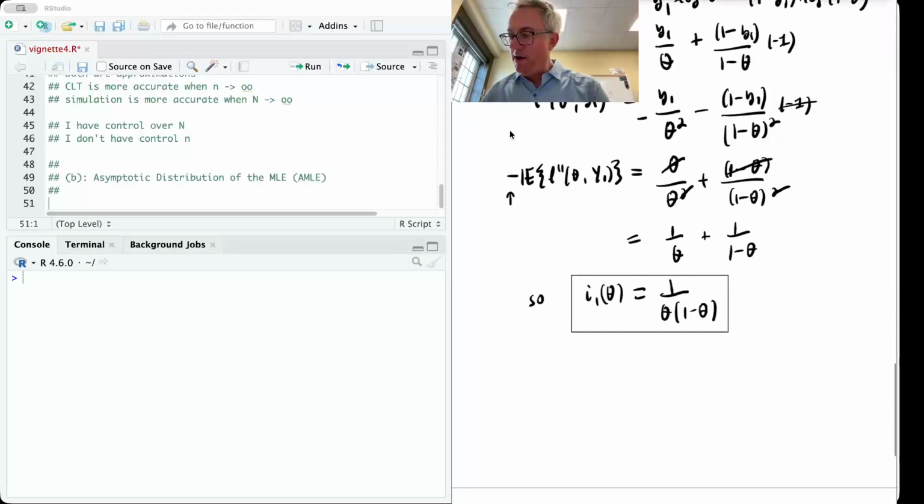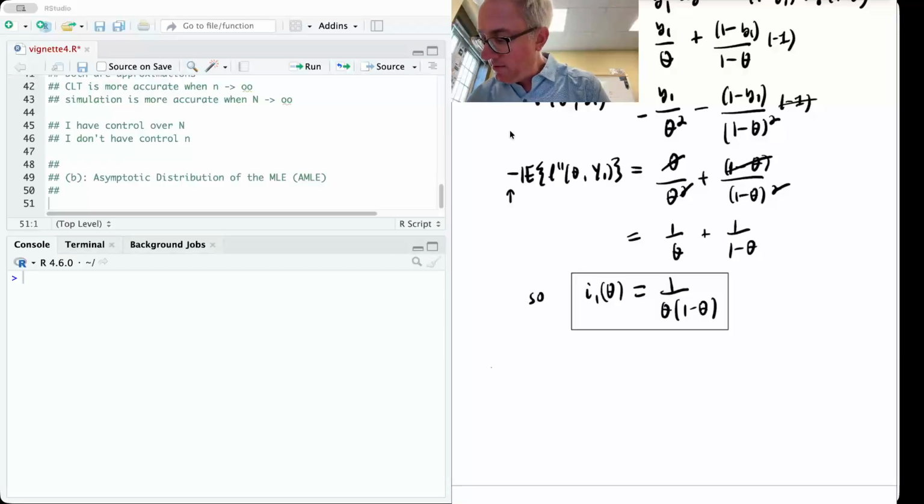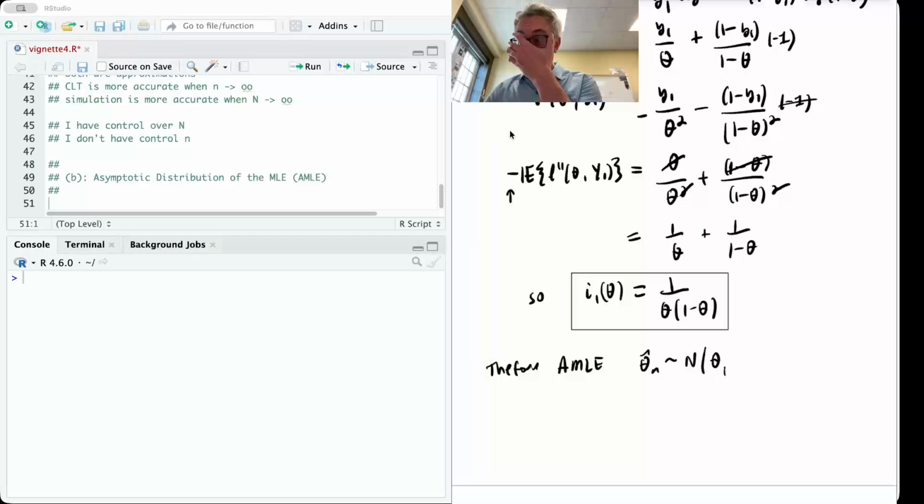So mostly an exercise in calculating the second derivative. Now we can combine this together. Therefore, the asymptotic distribution of the MLE can be summarized as theta hat n is Gaussian around the true theta with 1 over n times the inverse of the Fisher information. So the inverse is just this, and then 1 over n.